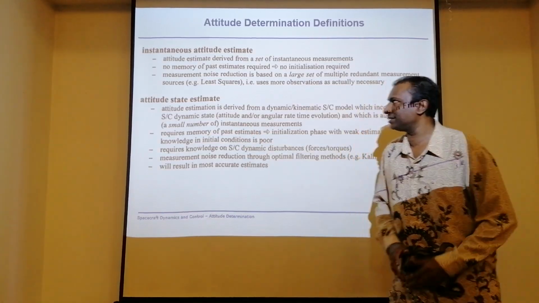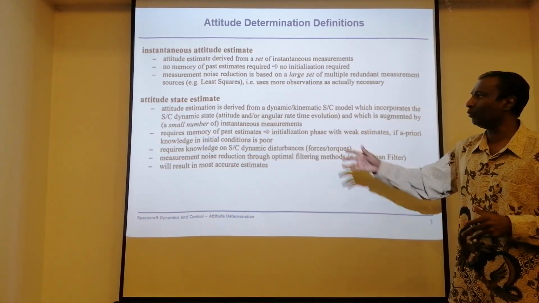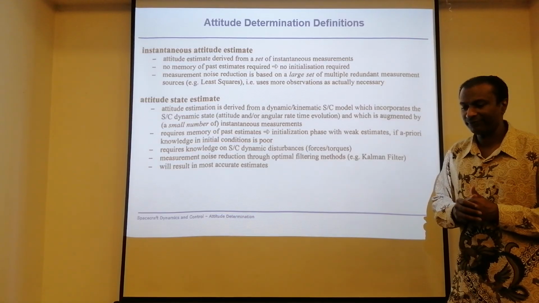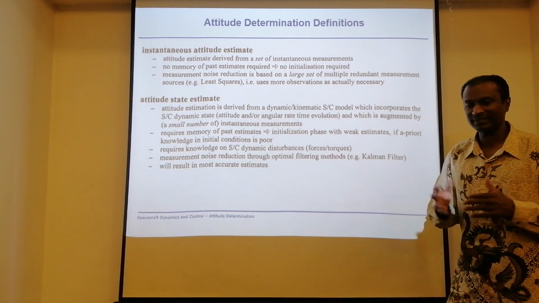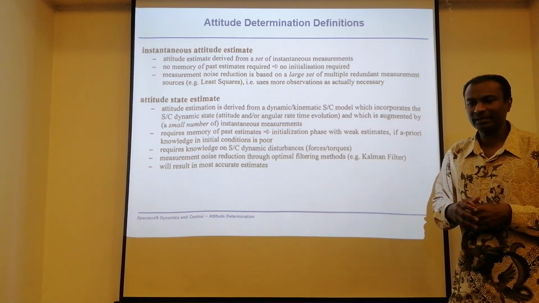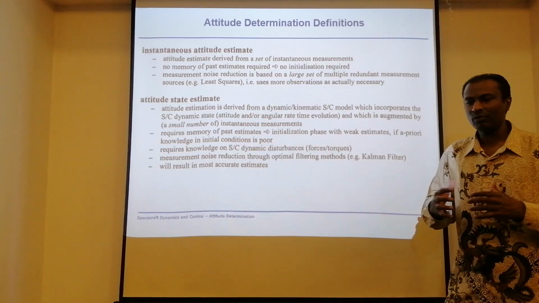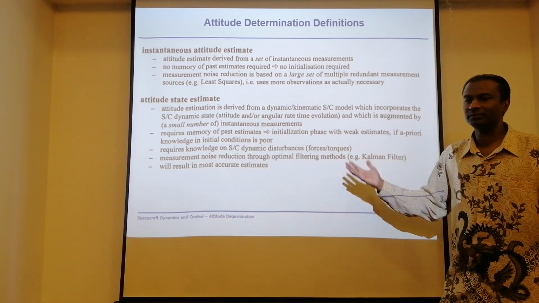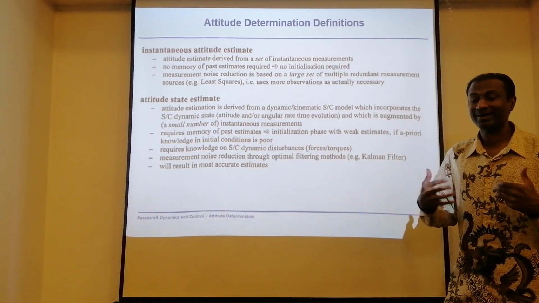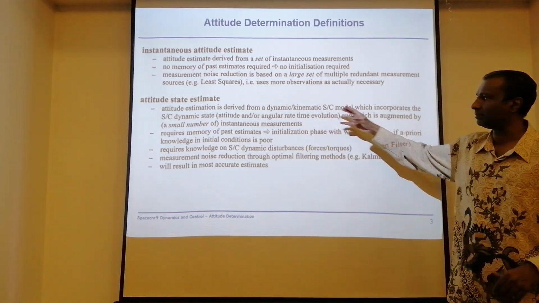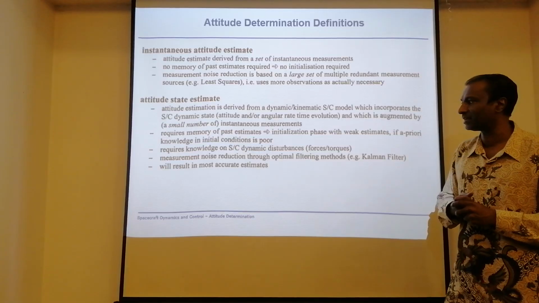Now, attitude state estimation. What exactly you are doing here is that we have a plant, the satellite plant that we have already established. We have established very well the dynamics. We have also established very well the torque component, that means the one disturbing your attitude. We put them all together as a dynamics model of a spacecraft.